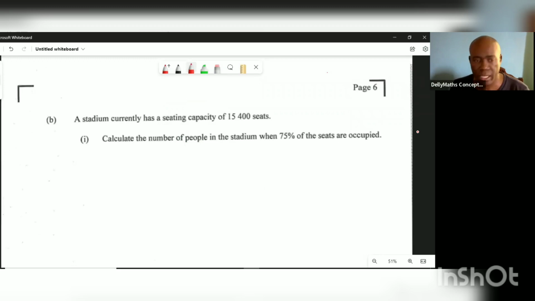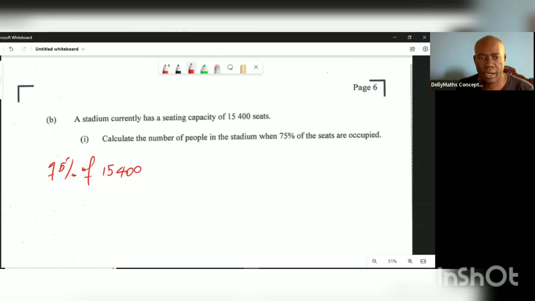So basically 75% of the total, 75% of the 15,400, that's what we're checking on. So that becomes 75 over 100, and we want to multiply that by 15,400.